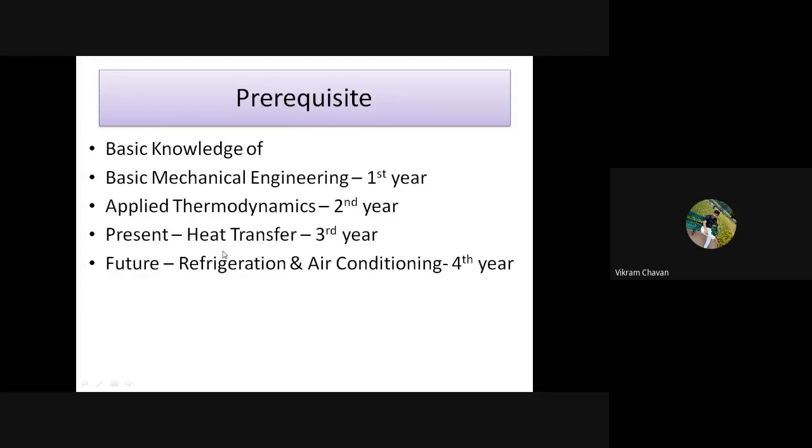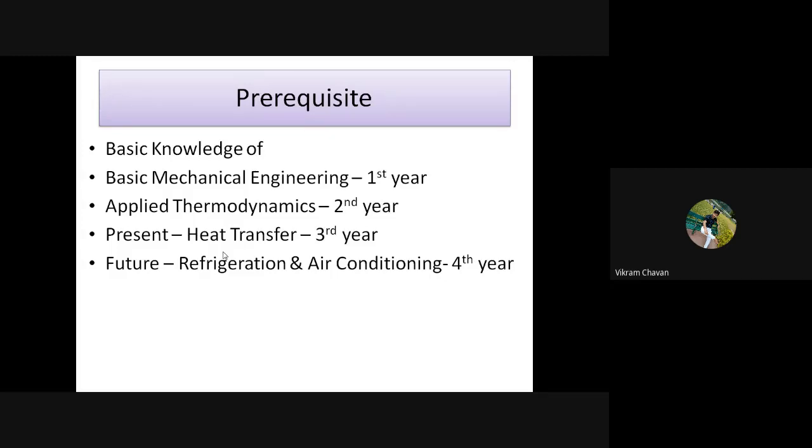Okay, so the subject is more interesting if you apply your logic, if you imagine the concepts, and if you have conceptual knowledge of the subject, then the subject will be more interesting, because the subject is a basic for all heat transfer analysis software.